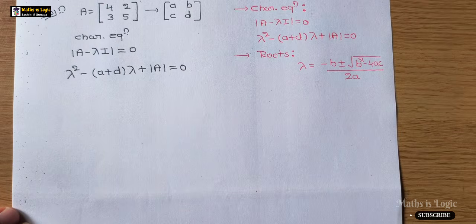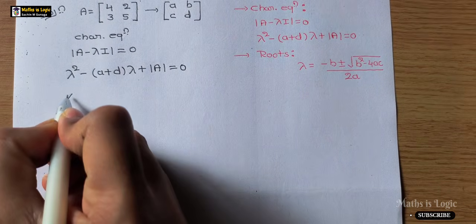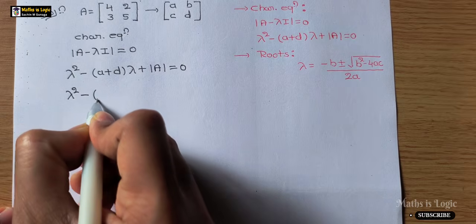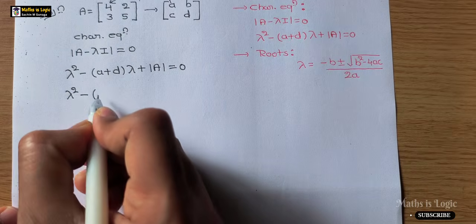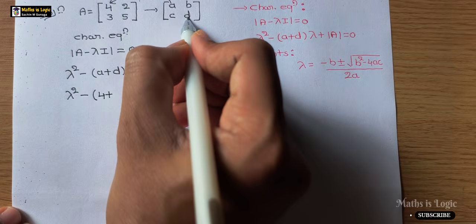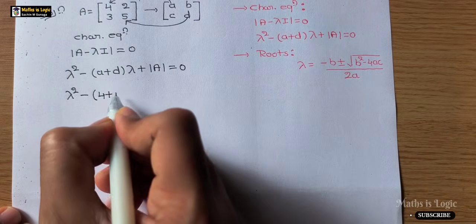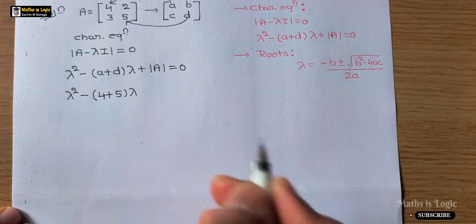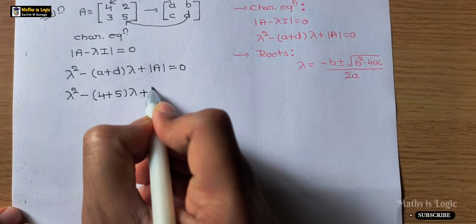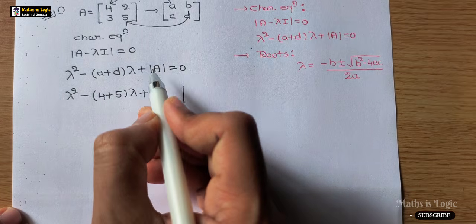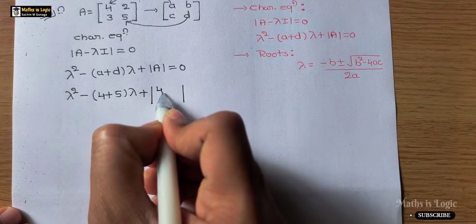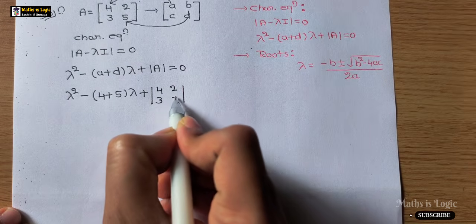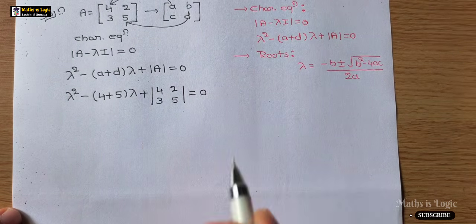After that, substitute: lambda square, keep it as it is, minus a. So a means what is the number? 4 plus d, what is the number? 5. So 5 into lambda plus determinant symbol, keep it as it is, substitute A value. What is that? A is 4 2 3 5, equal to 0.